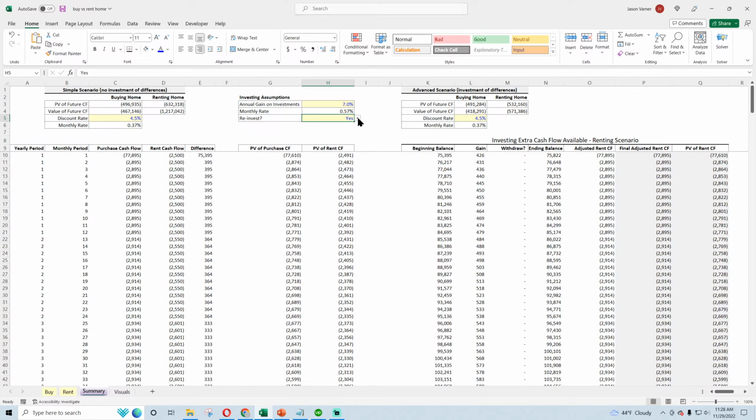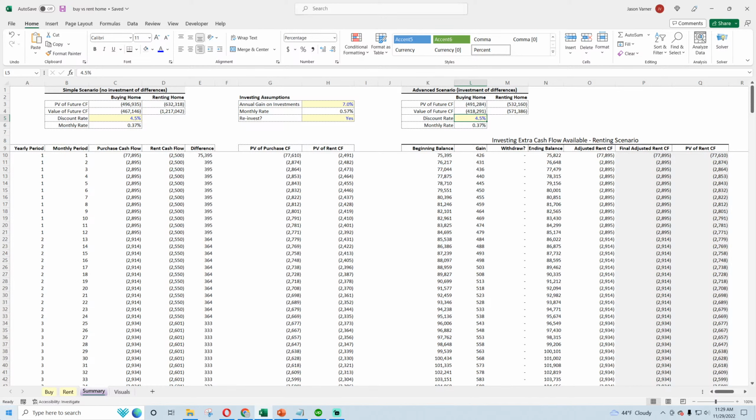That is a 40,000 difference. So if you reinvest, it is better. It helps a little bit with the renting, but it's still better to buy on present value. Value of future cash flows, still better to buy. This is the discount rate.